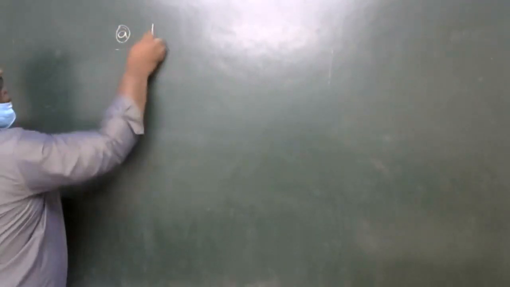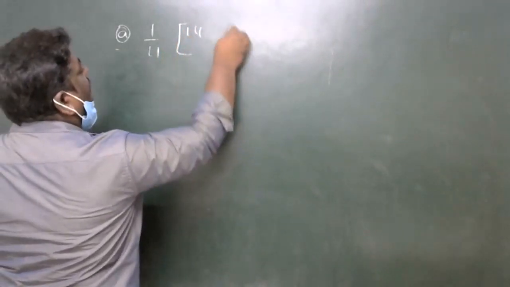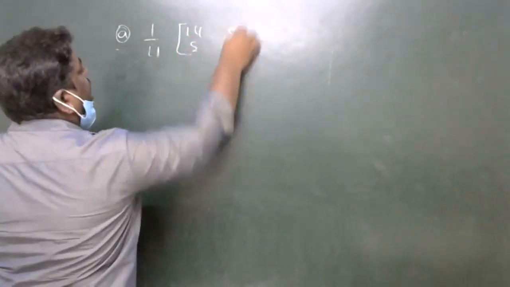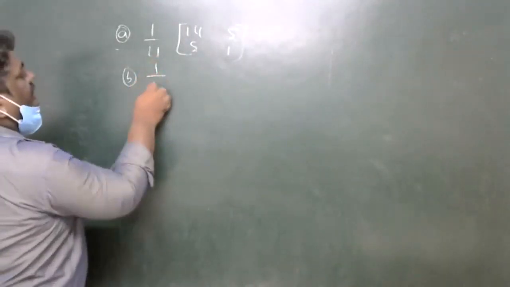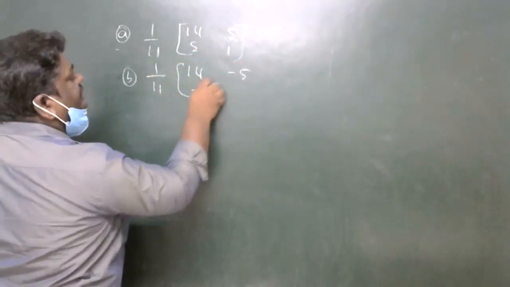See, yesterday we taken the option wrong. Okay. Option A is 1 by 11, 14 5 5 1. Option B is 1 by 11, 14 minus 5 minus 5 1.